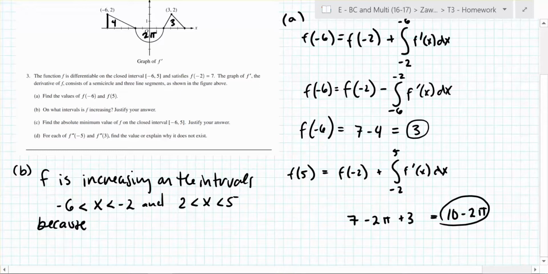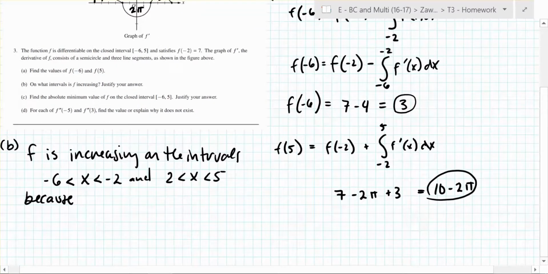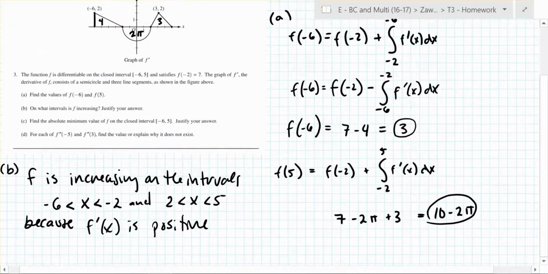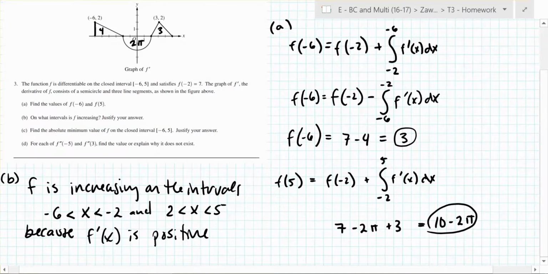Because, and this is an important part, this is the justification part, f is increasing on the intervals because f prime of x is positive. Without this justification, you might lose a point because it asks you to justify it. These are the intervals of these lines when f prime of x is positive.